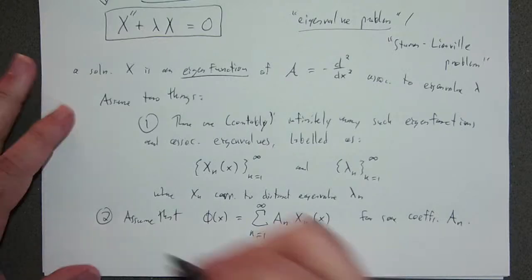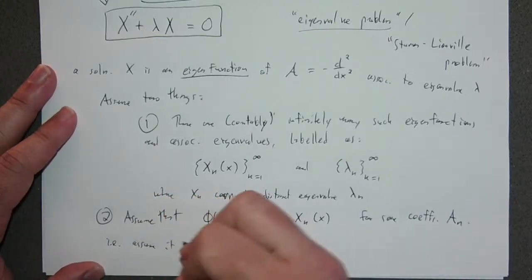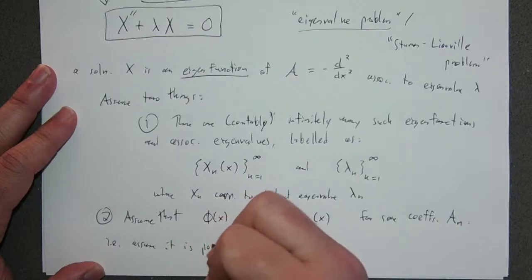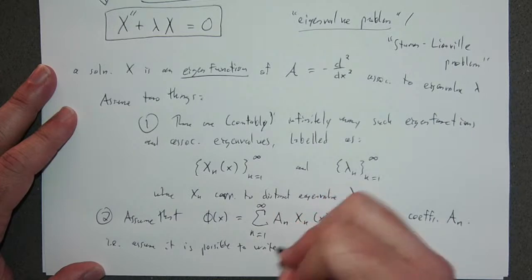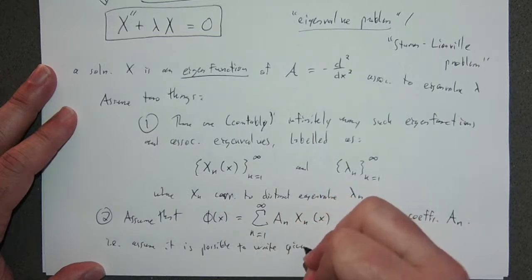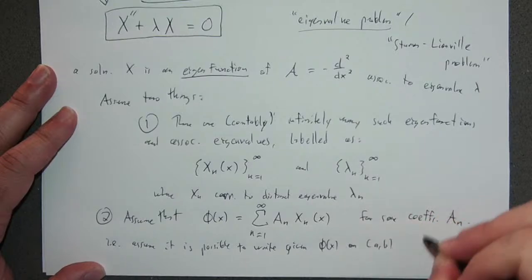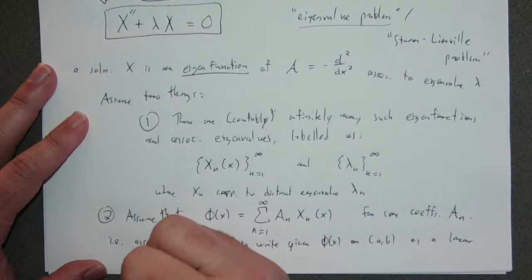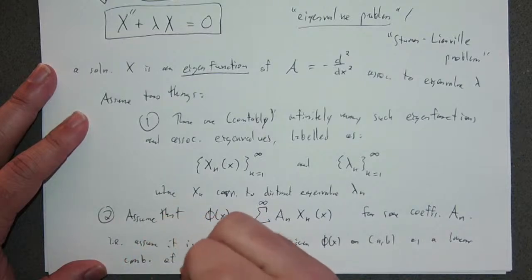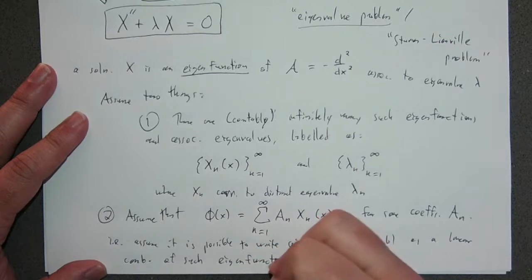That is, assume it is possible to write the given phi of x on a to b as a linear combination of such eigenfunctions.